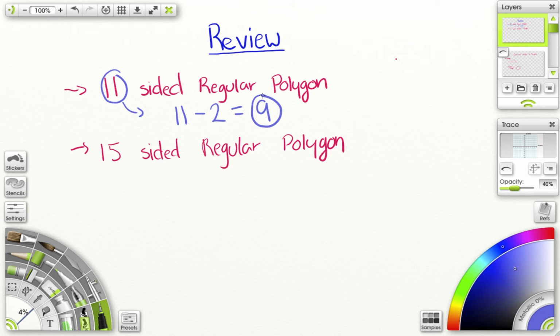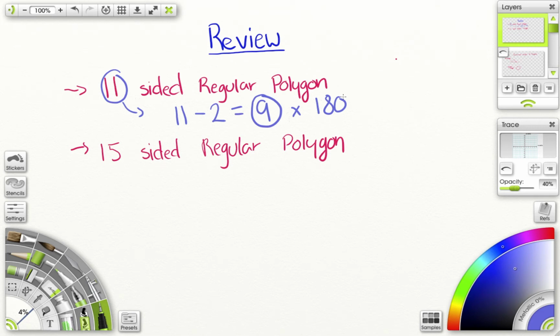If I take 9 and I multiply it by 180, because the internal angles of a triangle always add up to 180. So if I have 9 triangles inside of this shape, that means the internal angle total will be whatever 9 times 180 is.